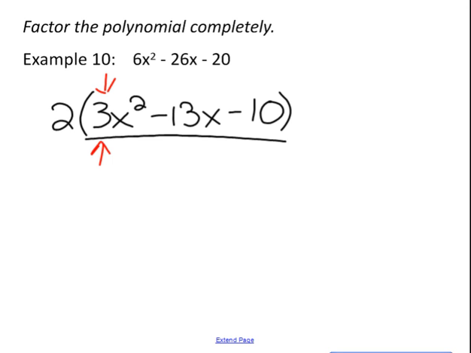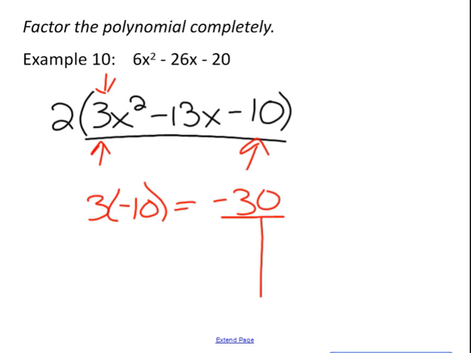Remember the AC method, you multiply A times C. So if I take 3 and multiply it times negative 10, I get negative 30. And what I'm looking for are two numbers that will multiply to get negative 30, but add to get negative 13. So you might think 3 and 10, right? 3 and 10 certainly add up to 13.